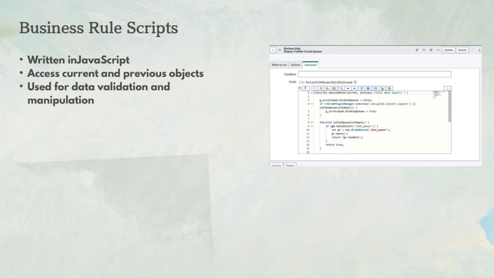These business rule scripts are essentially the backbone of automating decision-making and enforcing policies within our platform. Understanding how to access and manipulate these objects is key to customizing our workflows and maintaining data integrity. It's a vital part of building reliable and efficient automation that aligns with our overall goals.